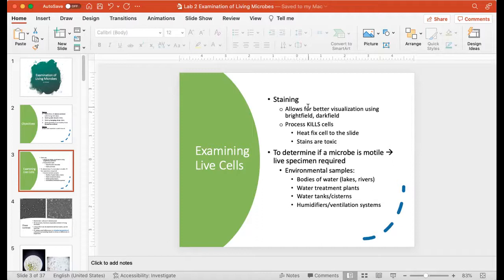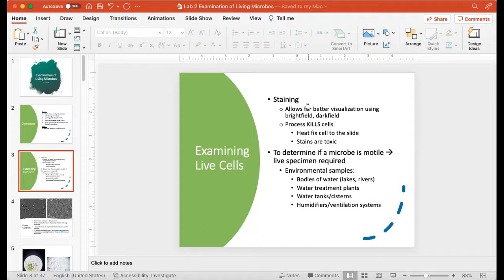There are times when we want the cells to be alive because we're interested in learning if there are any microbes in that sample that are motile, that are able to move on their own. So we can't kill them or they won't be moving for us.